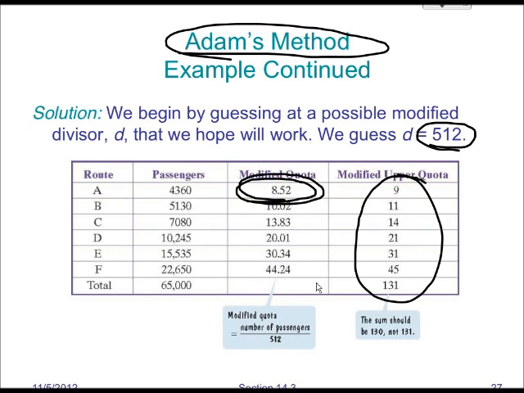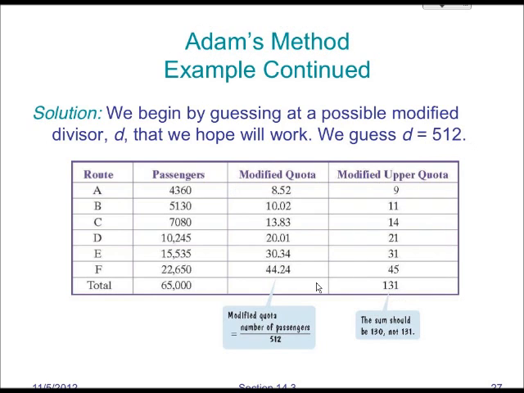So 8.52 gets rounded up to 9, 10.02 gets rounded up to 11. That adds up to 131. Okay, so 131, this number is too big, raise the divisor. Guess another number that's bigger than 512.